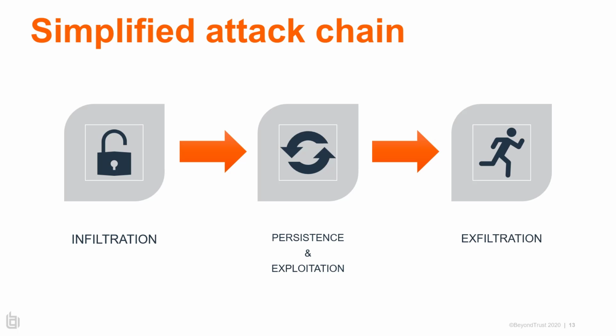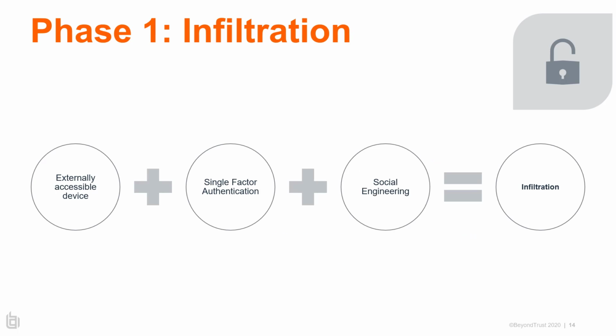If we play this out with a very simple attack chain, there are basically three phases which include infiltration, persistence and exploitation, and the exfiltration of data. If we think about remote access technologies, we see it firstly at the infiltration phase, and we have to think about what are the best ones. What can we do?